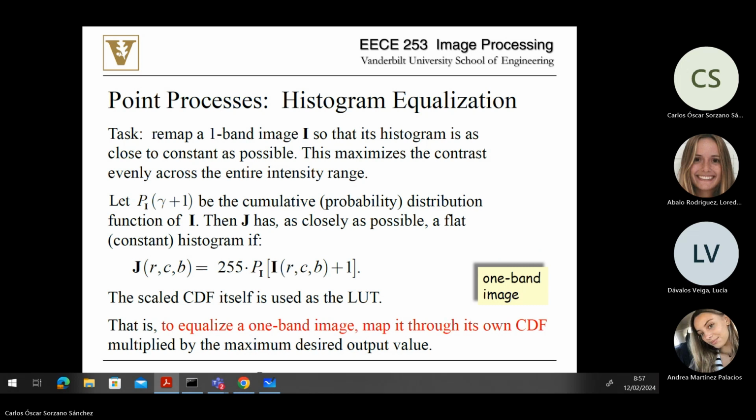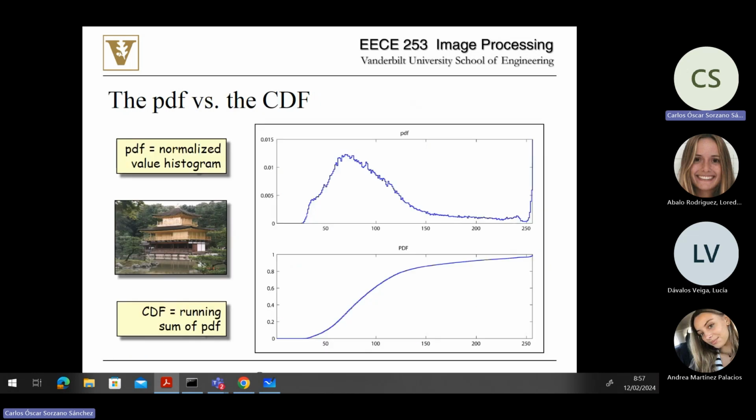Now I will use a different notation. Okay? I will use a different notation. So look at this CDF. You can call it CDF or PDF in capital letters in these slides. I will keep calling it CDF. Okay, so the CDF goes from 0 to 1. So this is the range, and the domain is 0 to 255. So I can use it as a transformation.